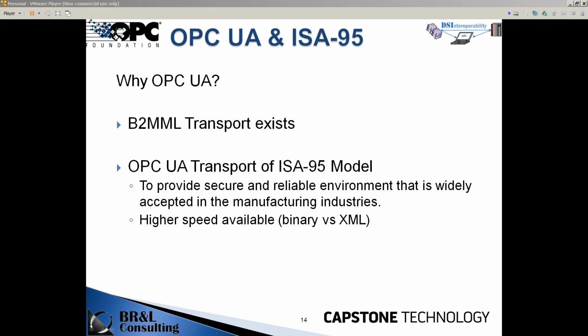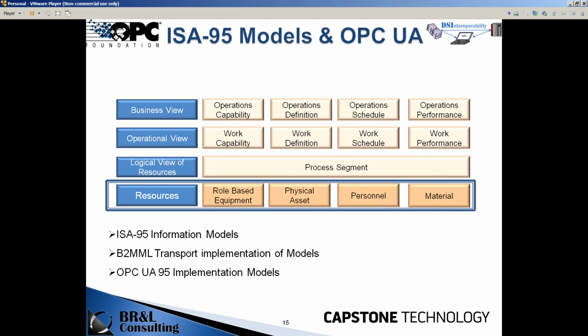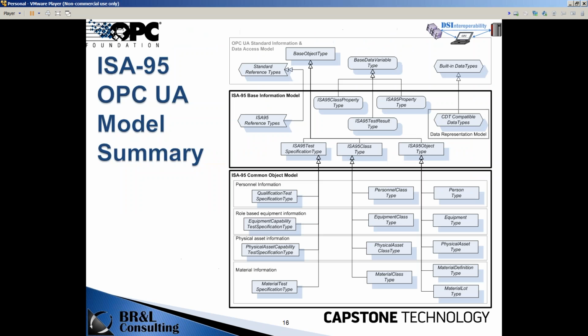So let's go through a little bit of what we did. So we have the same general models that Dennis showed, but what we did is we focused on the resource models. So the role-based equipment, physical assets, personnel, material handling. So these are the models that we transcribed into OPC UA. The models are based on the UML diagrams that Dennis was showing, but they sort of further enhance things.